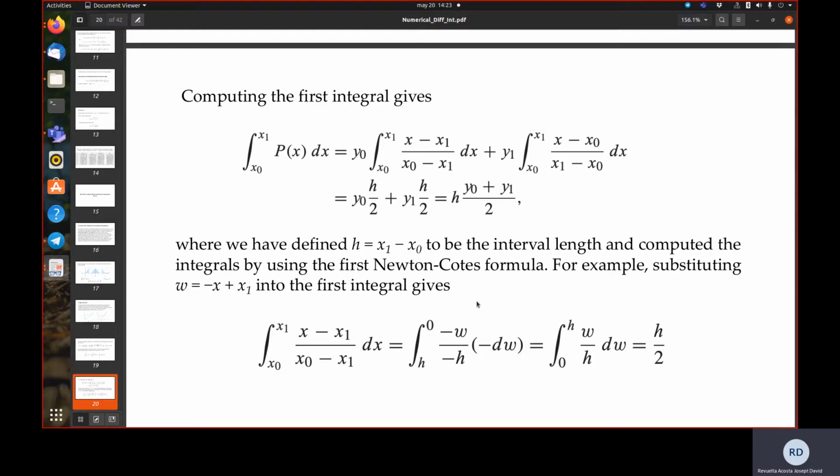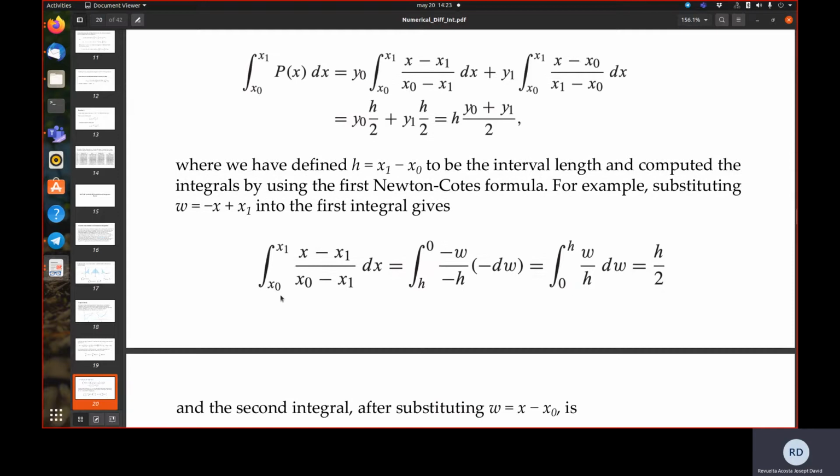This could be validated very easily if we go from one value to another one. For example, if instead of going from x0 to x1, we decided to go from h to 0, this is going to be inverted with negative signs. So from h to 0 is going to be negative.